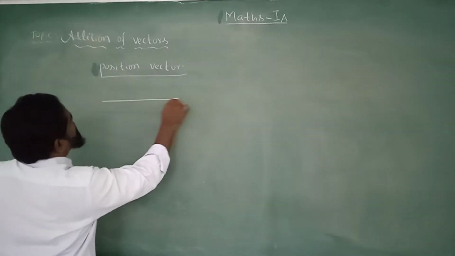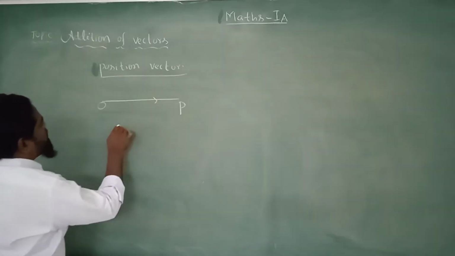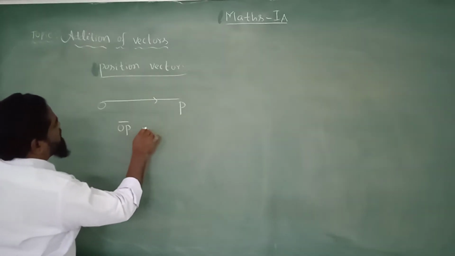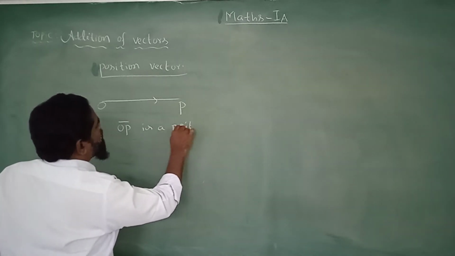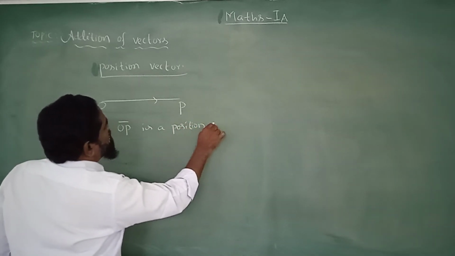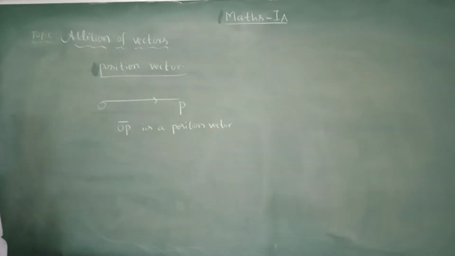Like this: O is the initial point, and P the terminal point. OP bar is a position vector with respect to O.